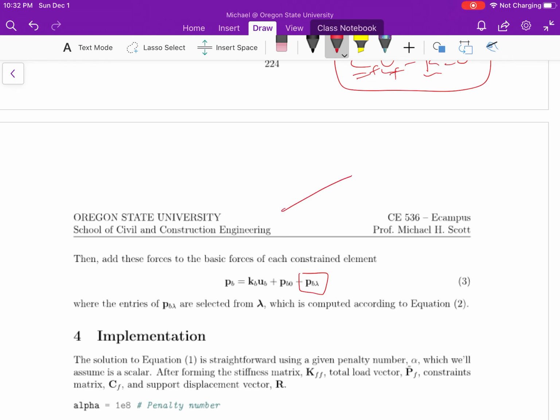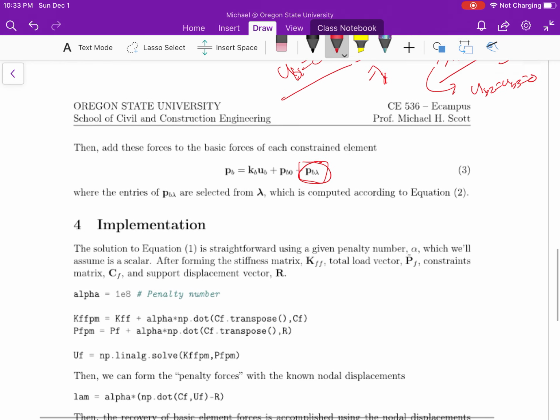So for an axially rigid element, we'd have, say, lambda 1, which is the force that would impose UB1 equals 0. And then for a flexurally rigid element, we have lambda 2, lambda 3, which impose UB2 equals UB3 equals 0. So that's what comes out of PB lambda.